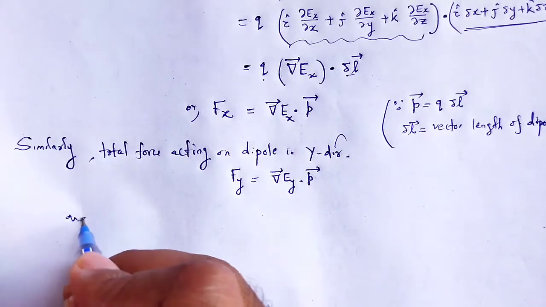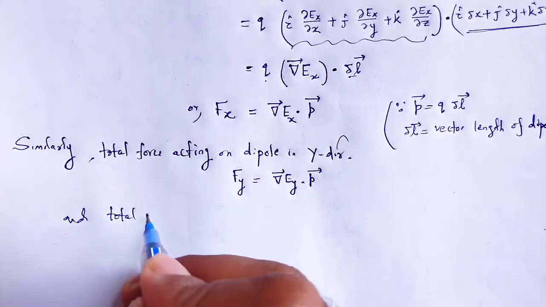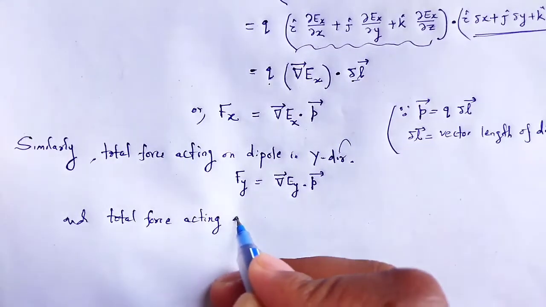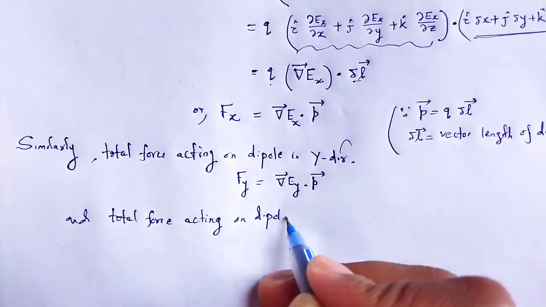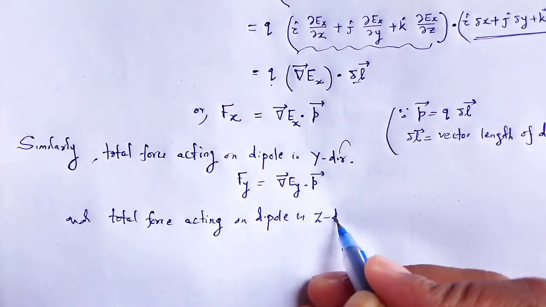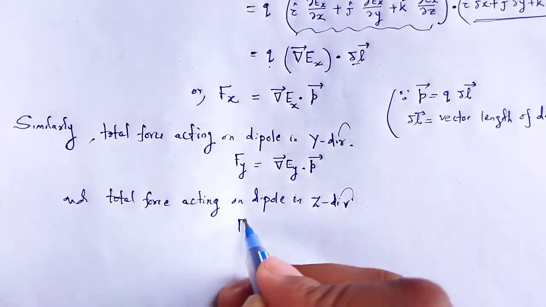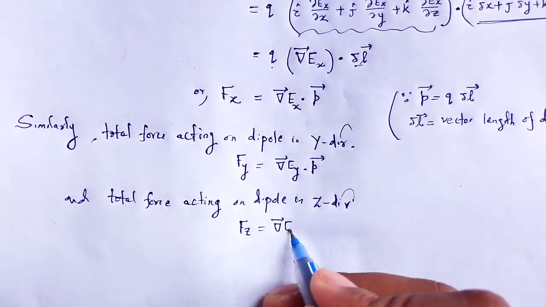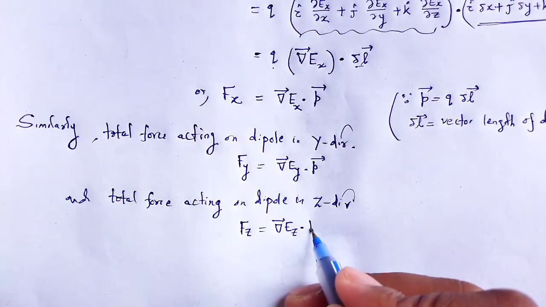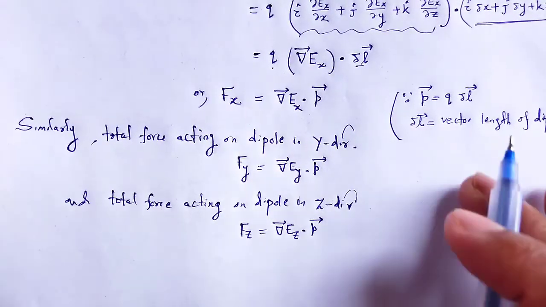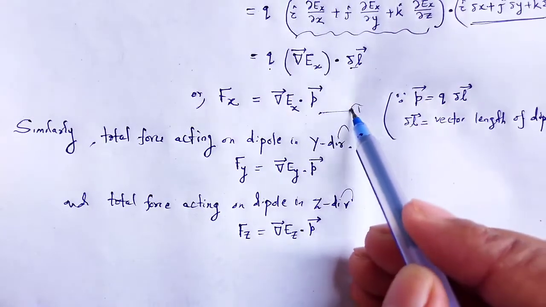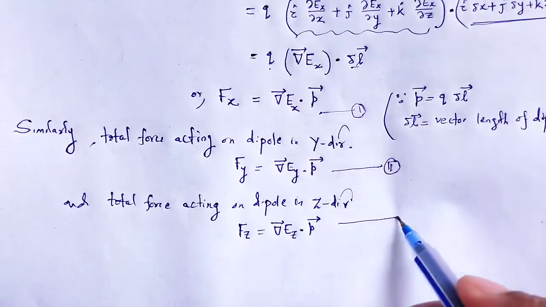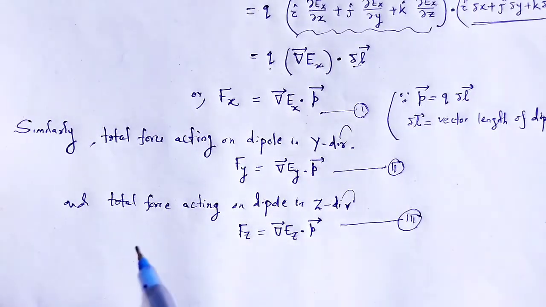And the total force acting on the dipole in the z direction, that is Fz, is equal to grad Ez dot P. Similarly, the total force on the dipole along the x direction, along the y direction, and along the z direction.